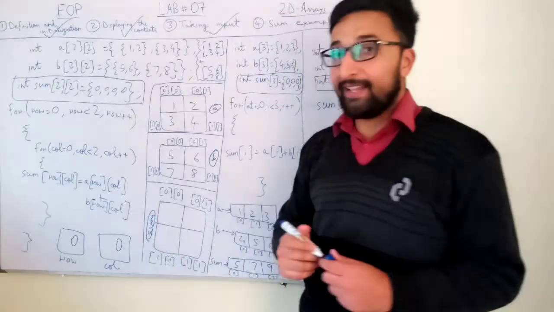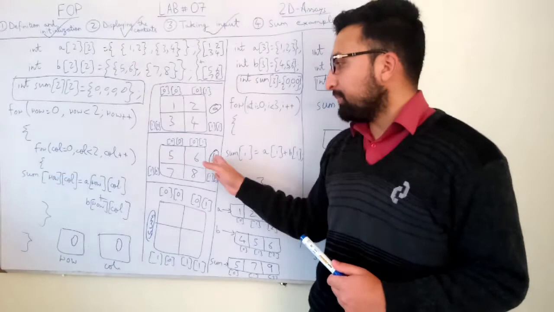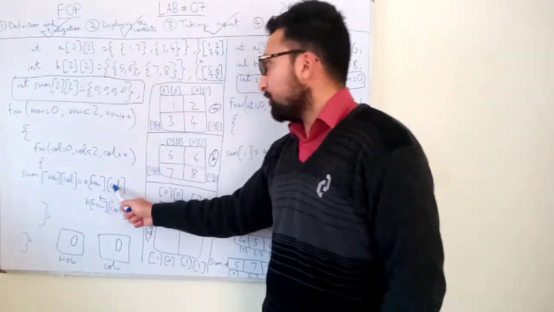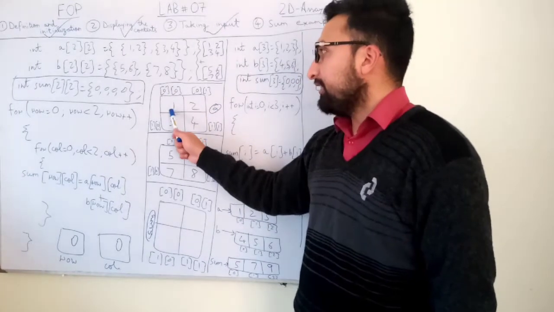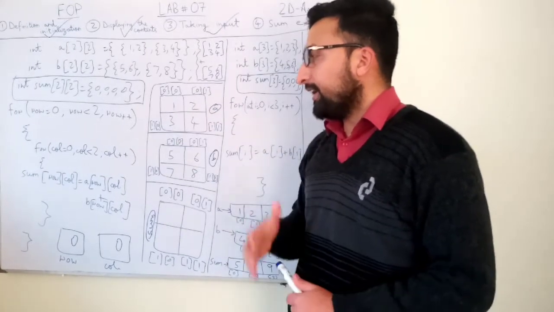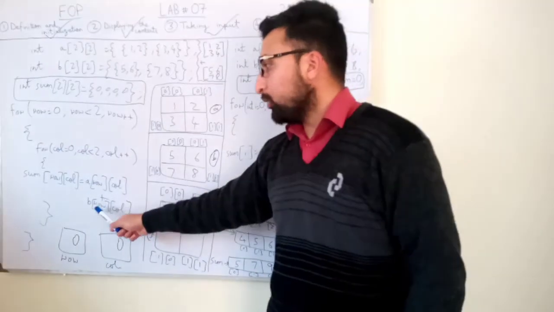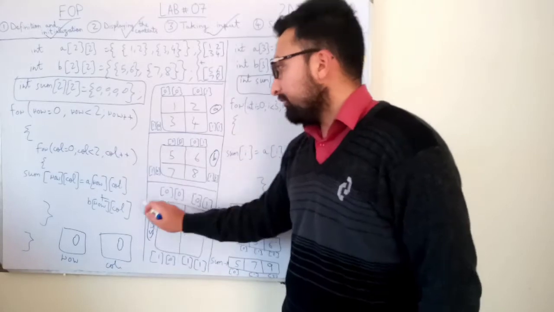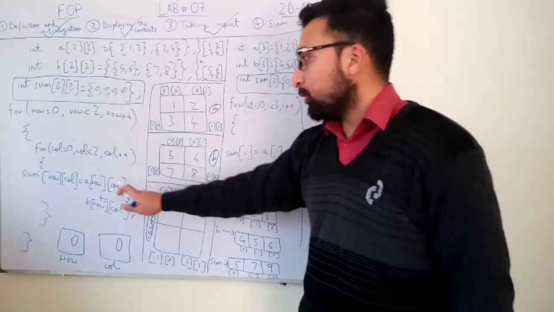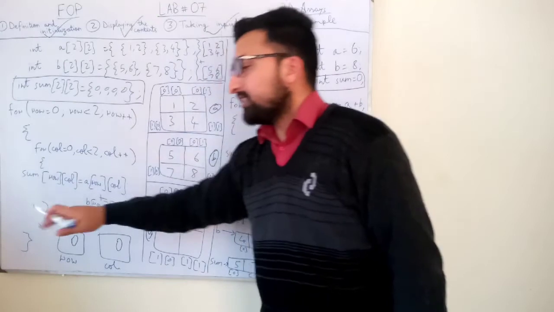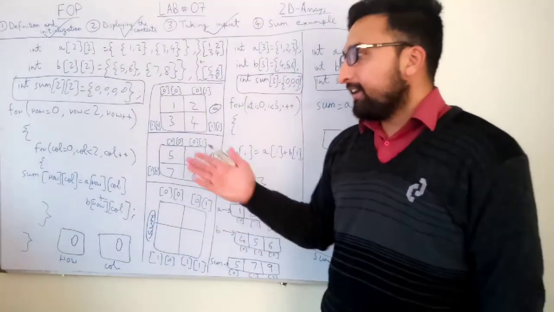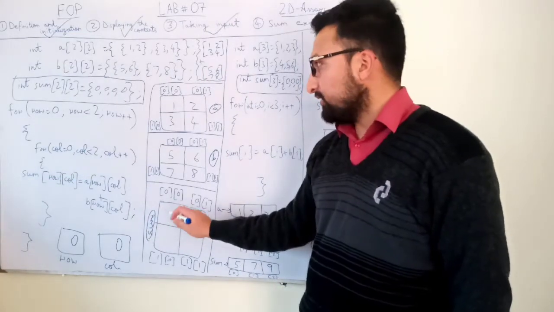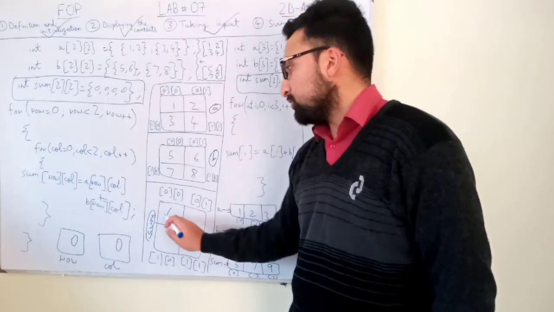A of 0, 0 will be containing the data 1, and that will be added to B of 0, 0 that will be containing the data 5, and those will be stored in the sum 2D array at the index 0, 0, and the result will be 6 that will be stored here.